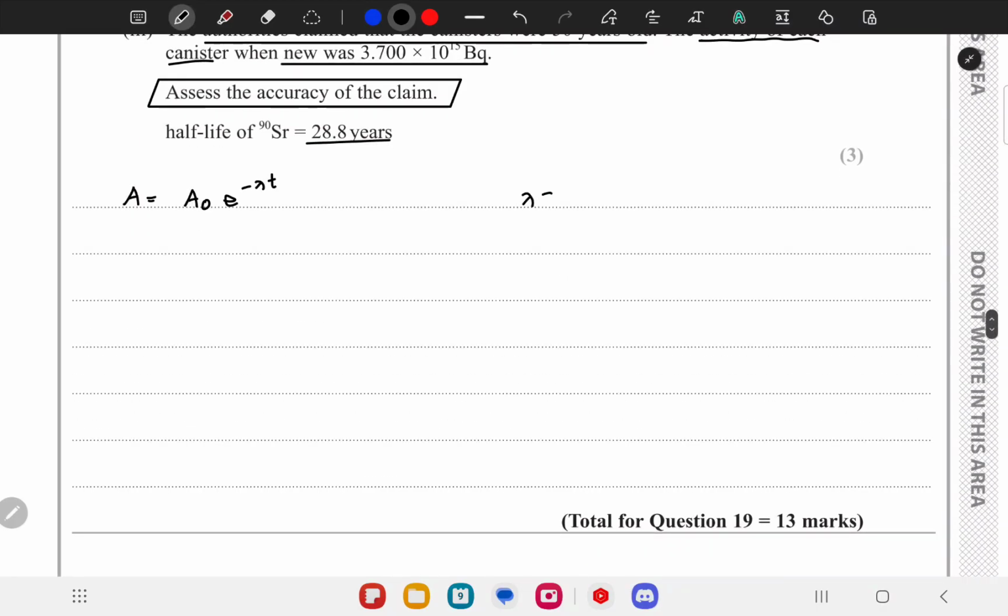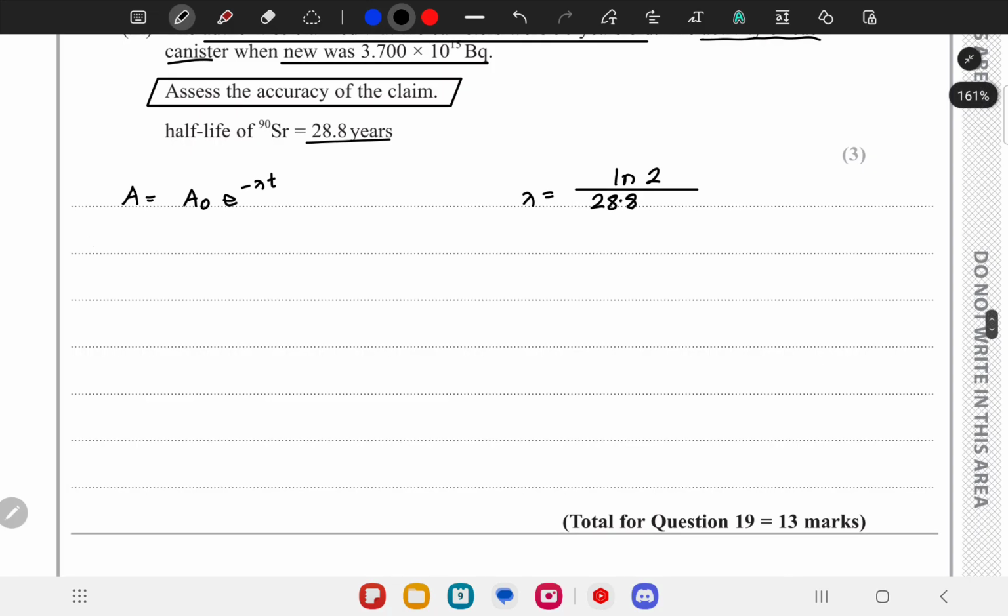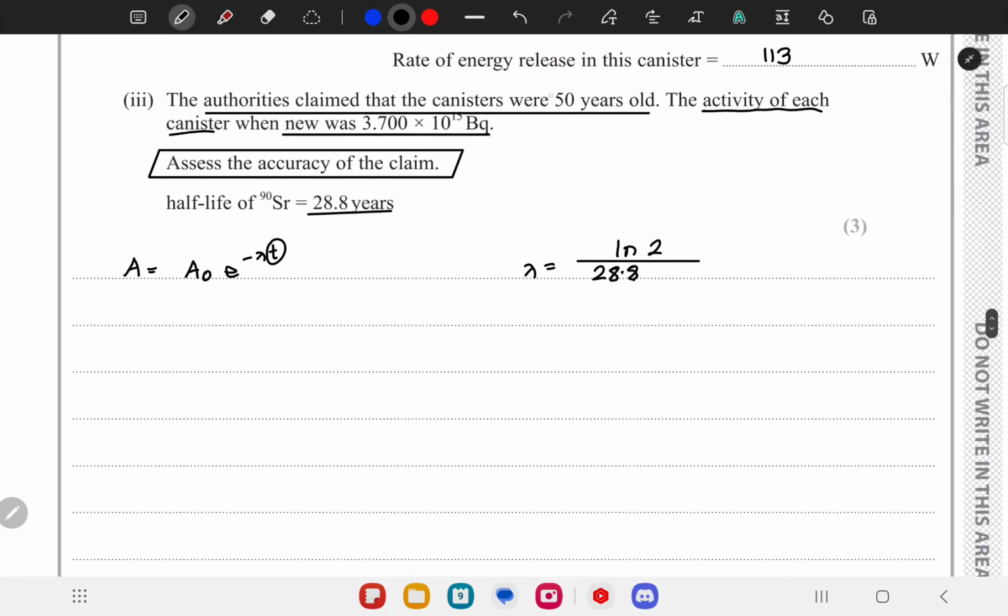The decay constant would be ln 2 by the half-life. So if I want the decay constant in per years, we have ln 2 by 28.8. If we use that and find t, it should be 50 years if the claim is correct.